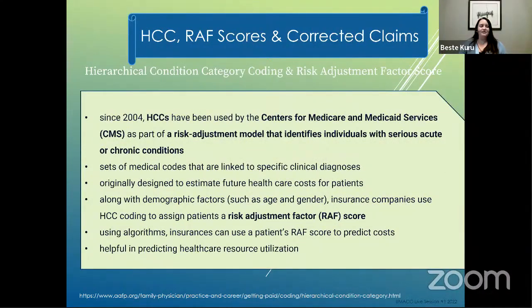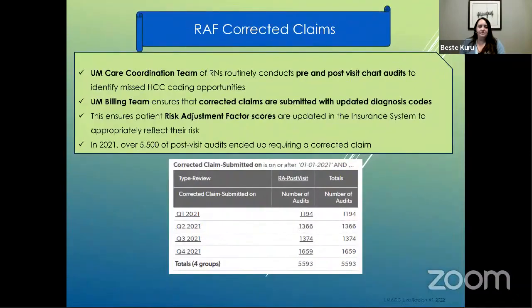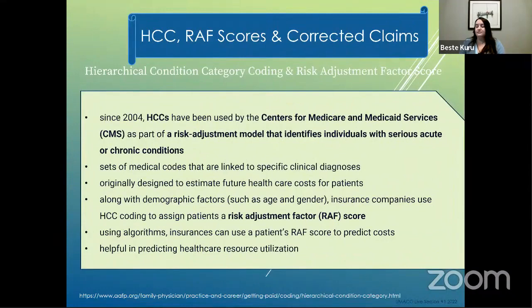Okay, thank you. Hi, everyone. We wanted to cover the HCC's, hierarchical condition category coding, risk adjustment factor scores for patients, and how the billing departments assist in sending corrected claims in the process. So HCCs are defined by CMS and have been in use since 2004.